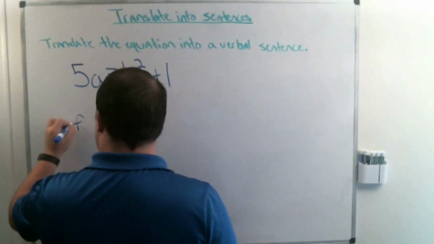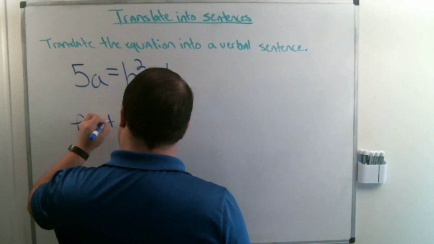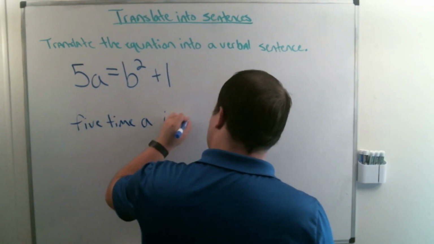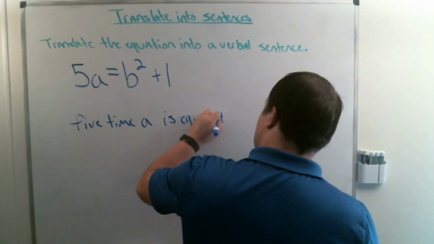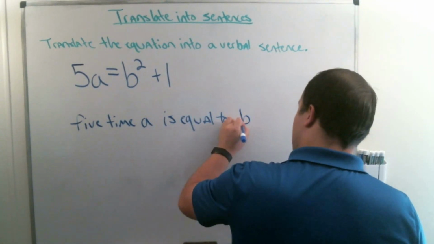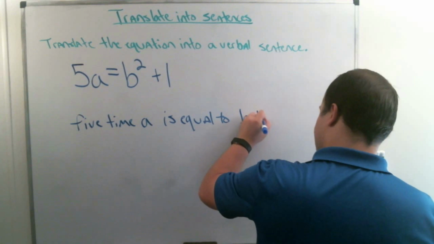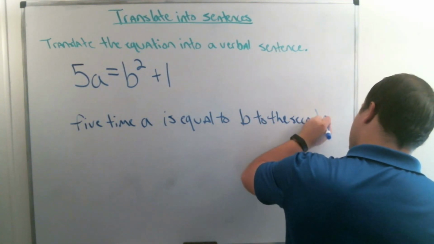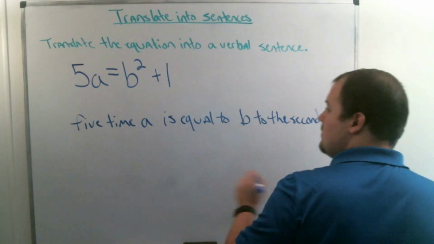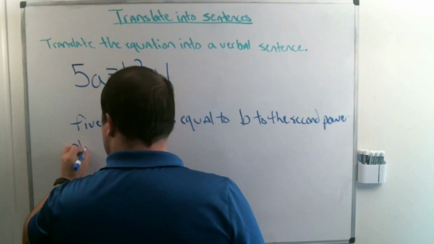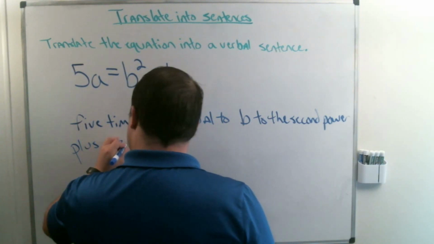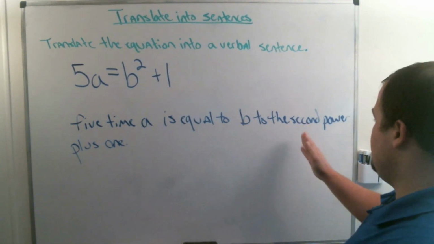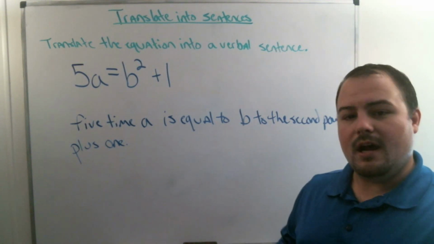So I have 5 times a is equal to b squared, or b to the second power, plus 1.